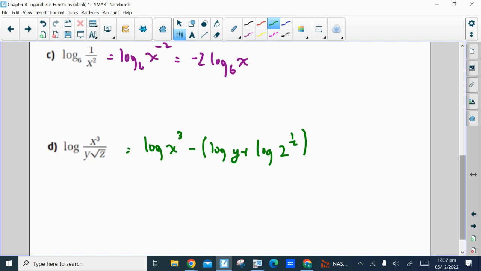Because square root means power a half. And the powers can come in front as coefficients, the exponents. So that's 3 log x, and if I remove the brackets, I'll have minus log y minus 1/2 log z.